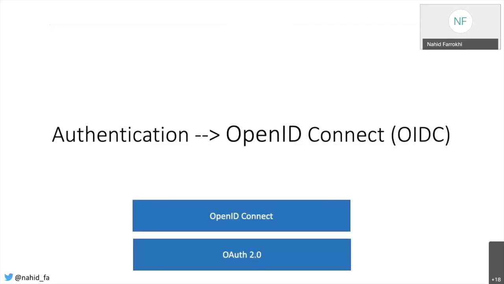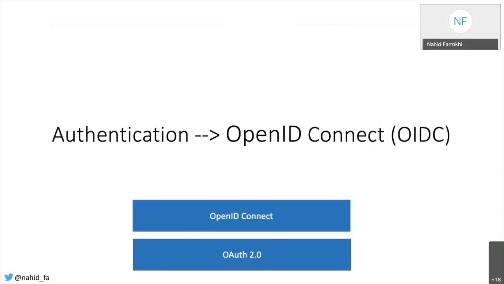So we actually went through everything about OAuth 2.1. Now I want to talk about OpenID Connect and what's going to happen to it. Just to give you a better picture, OpenID Connect is the open standard for authentication.